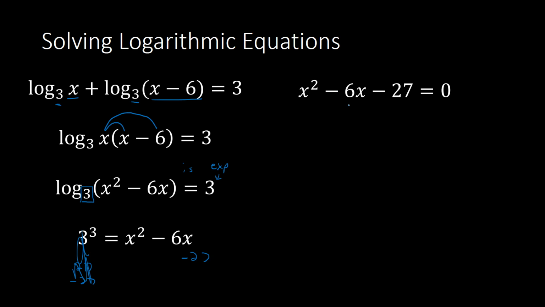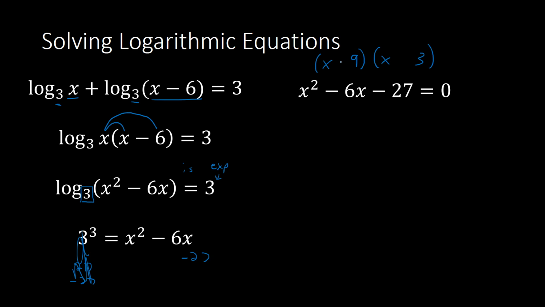And then from here I can solve this, and the easiest way is to factor, where I have in parentheses two things, and to get x squared, I have x times an x. To get negative 27, if I take a 9 and a 3, then when I multiply I get 27, but I need a negative 27.